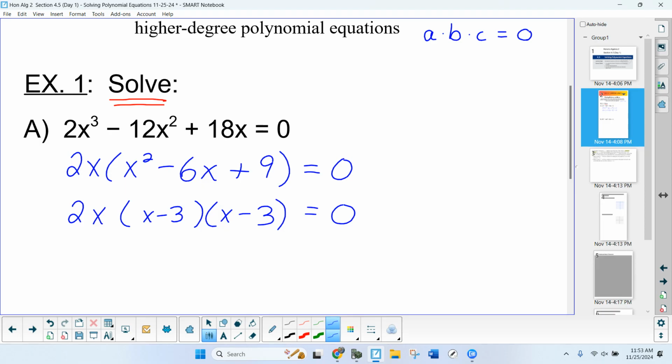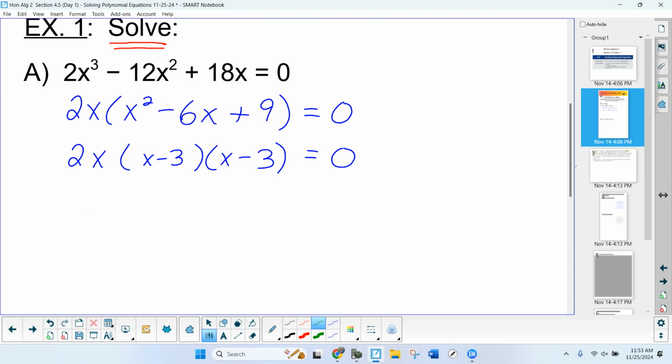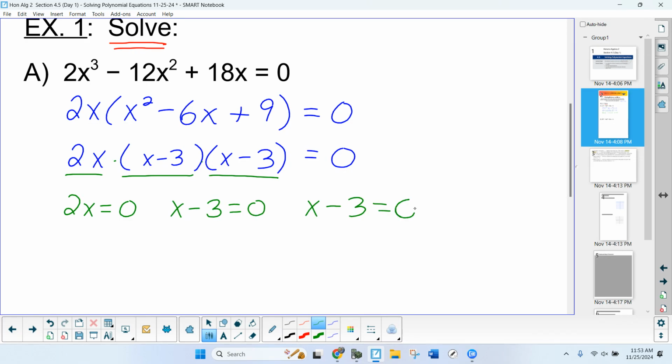Now, remember when it says solve, you then have to take each of these factors and set them equal to 0. So we're going to set 2x equal to 0, x minus 3 equal to 0, and the other x minus 3 equal to 0. To solve the first one, we divide by 2, and you get x equals 0. Here you add 3, and you get x equals 3.